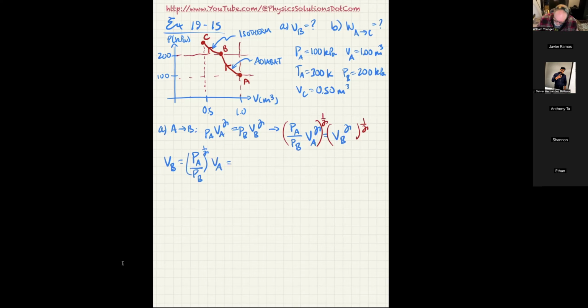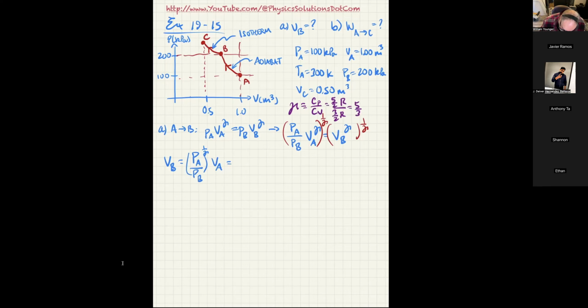So our gamma, remember, is defined to be CP over CV, and CP was 5 halves R, and CV was 3 halves R. So the 2's cancel out, and I end up getting 5/3 for gamma.